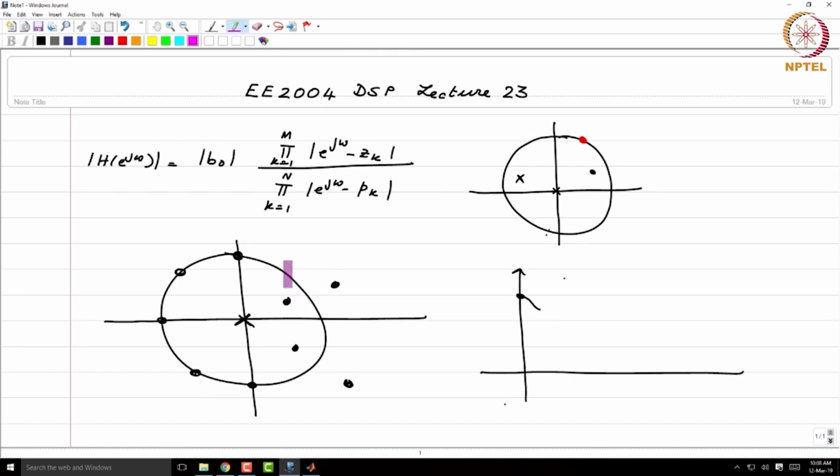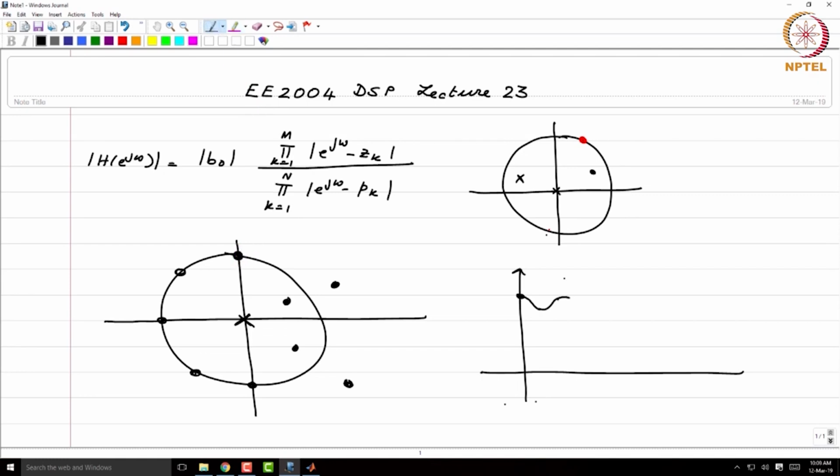and then when you go past this pair, the magnitude response will again begin to rise, and hence the response will be something like this. And again, beyond this point, as you keep going further, you are going to approach this zero, which means the response will get pulled down.